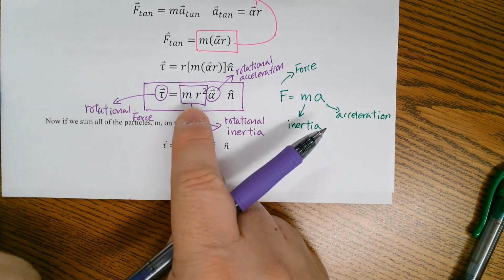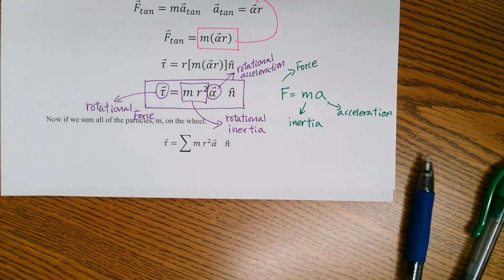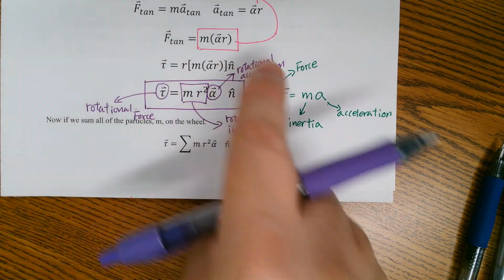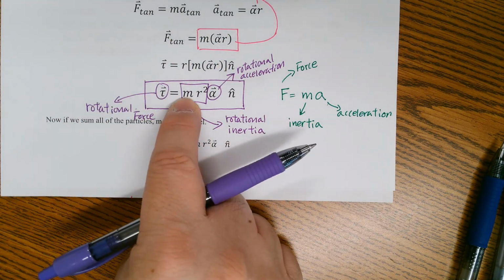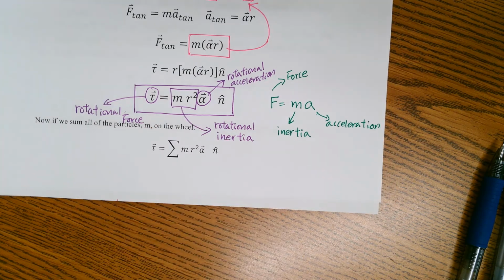It's going to resist changing from the current state this object is in. If it's at rest, it's going to resist rotating depending on how massive this thing is and on the radial distance squared from the pivot point.